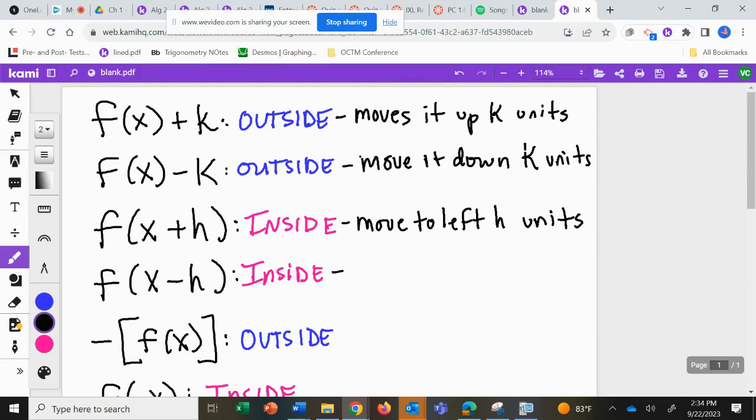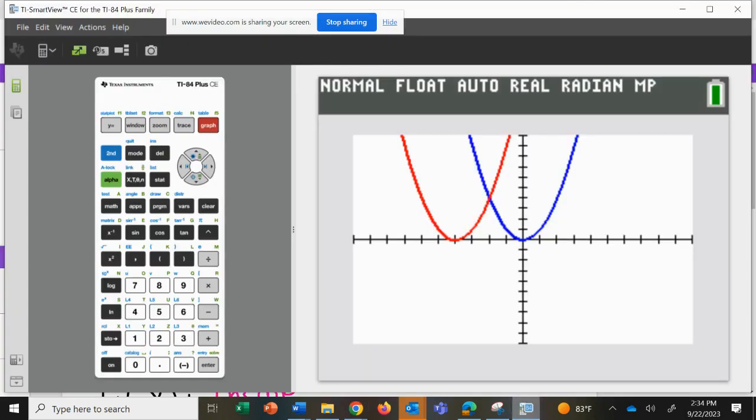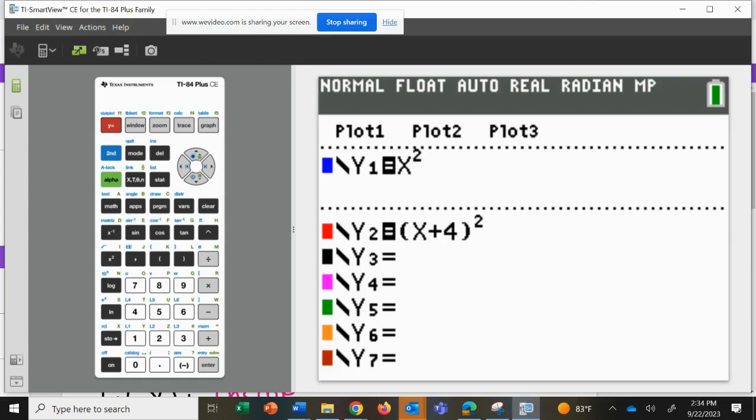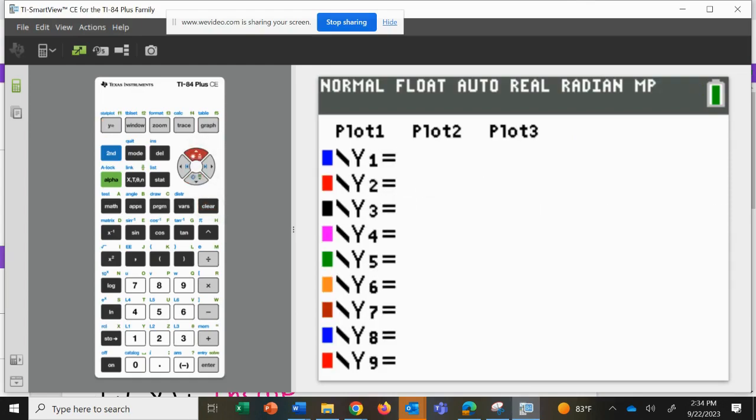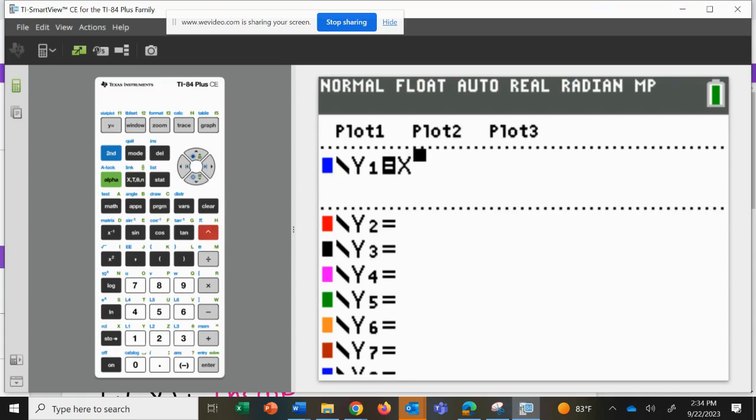So what if we change it to subtraction? Let's change the parent function so we can see that it does not matter what the parent function is, these rules still apply. So I'm starting Y1 again. I went to Y1, cleared it out, and I'm going to do X to the 3rd power.